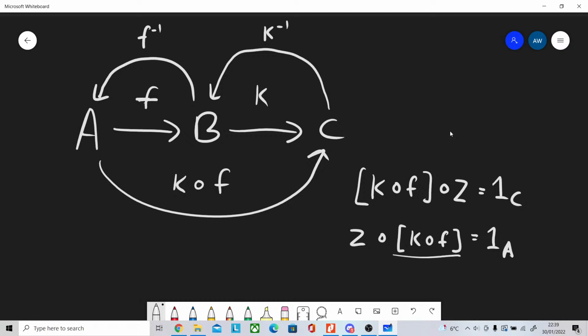And we do Kf first, and then we do Z, which is the map that we're looking for that goes from C to A, and we want the result of the composition to be the identity mapping on A.